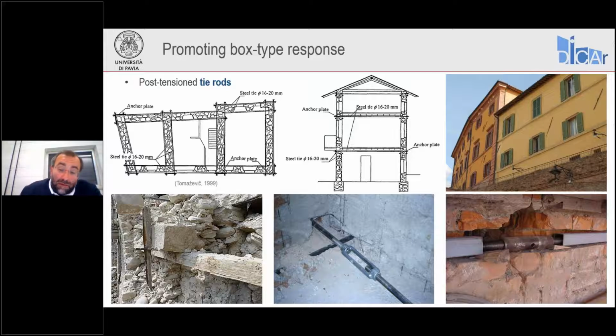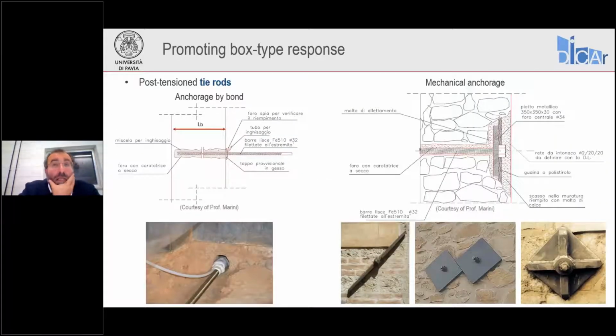However, you can see here the detail of the connection can differ quite a bit. Usually, we recognize the presence of these tie rods from their anchor plates, because typically they're anchored mechanically.